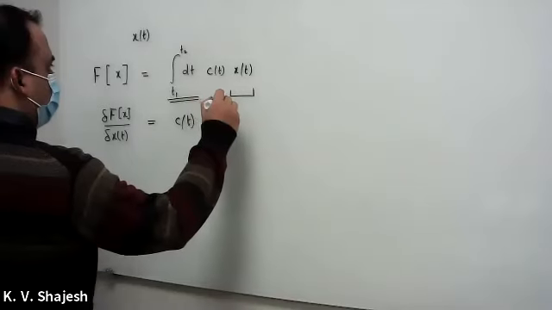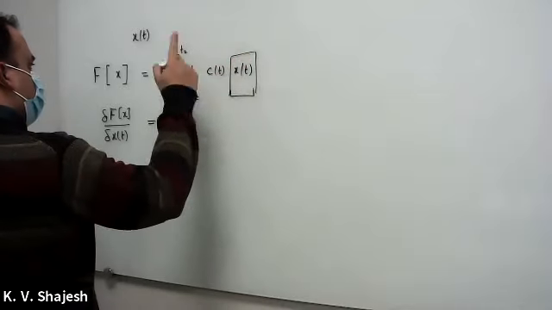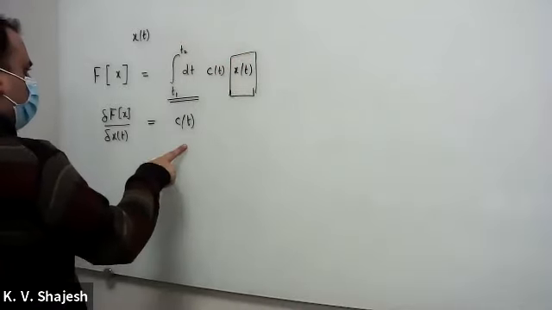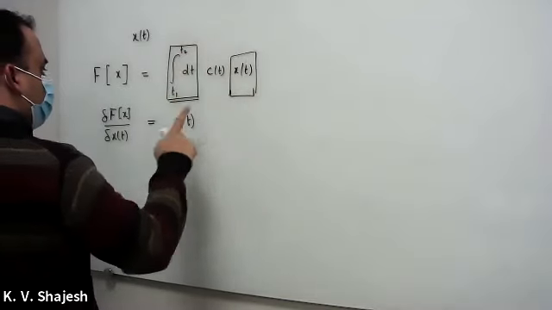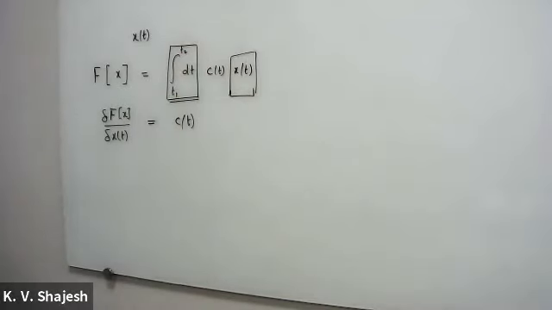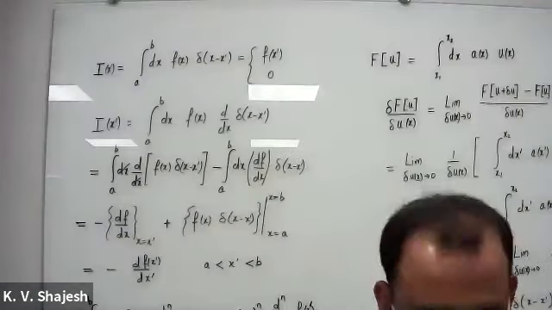Kill the integral, kill the linear term, whatever survives, c of t. So that's how you do a functional derivative if you want. As we proceed, we will do it like that.